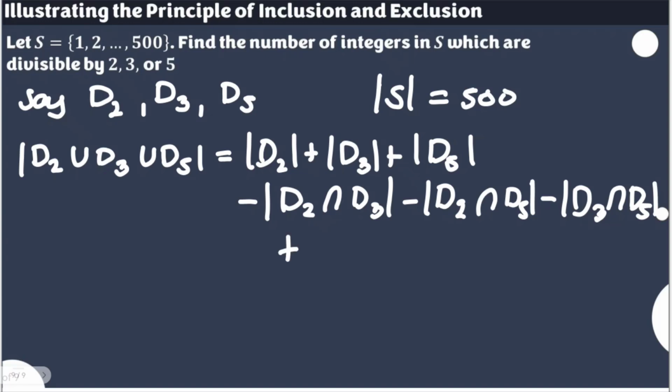Then we add the intersection of all D sub 2, D sub 3, and D sub 5.